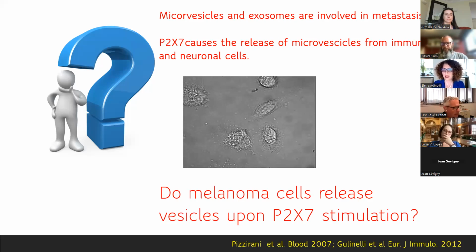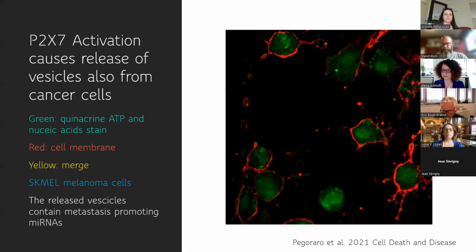However, nobody had ever demonstrated that cancer cells, such as melanoma cells, could release vesicles upon P2X7 stimulation. Therefore, we tested whether this could be the case also for cancer cells.